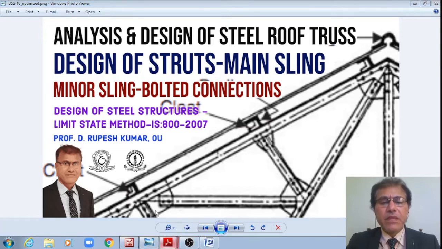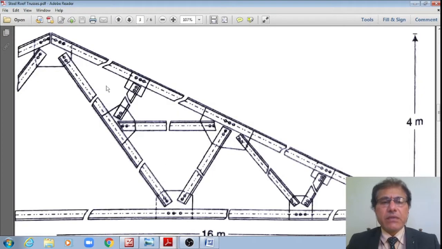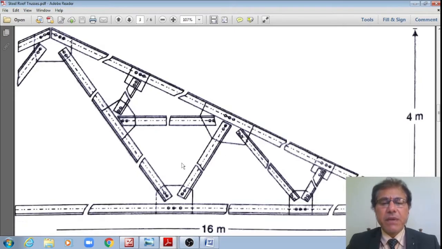However, in the previous class we have seen the analysis of this Fink or French roof truss, wherein the span was 16 meter and the height of the truss was 4 meter. We have fixed the geometry and we got the dead load, live load and wind load, and later on we analyzed the loads and got the design forces in the load combinations, and even we have designed the top chord member as well as the bottom chord member.